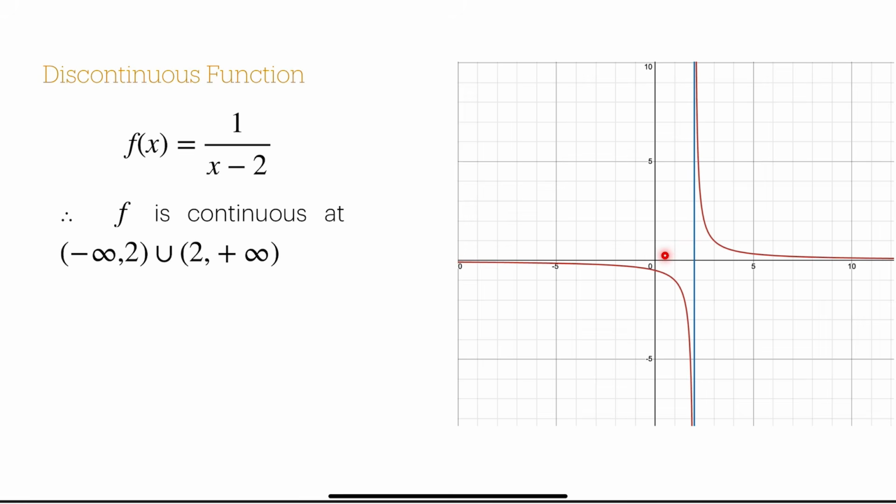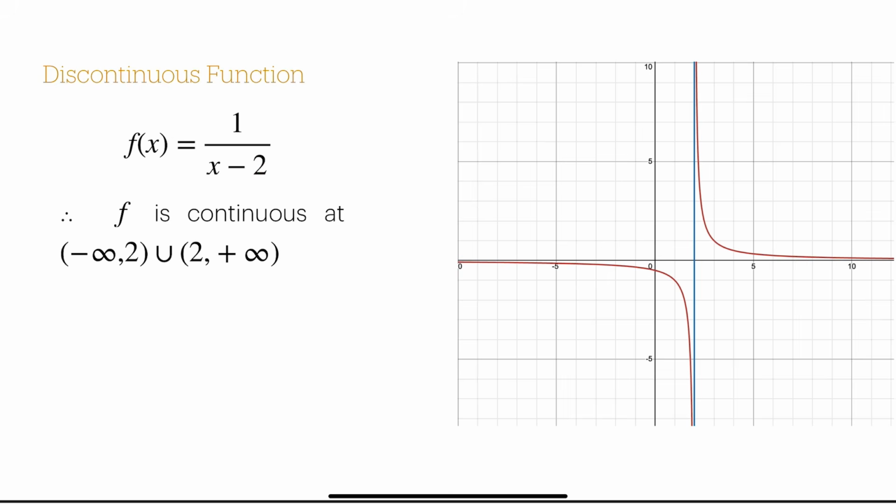Now, how do we know if we don't know how the curve looks like at which value of x it will become discontinuous? Just by looking at the function here, this f of x will be undefined when the value of x right here in the denominator becomes 0, because any number divided by 0 is undefined.